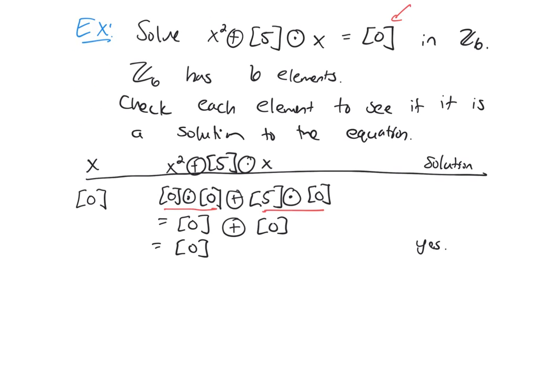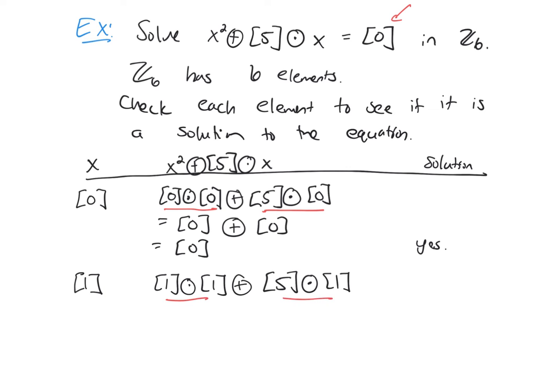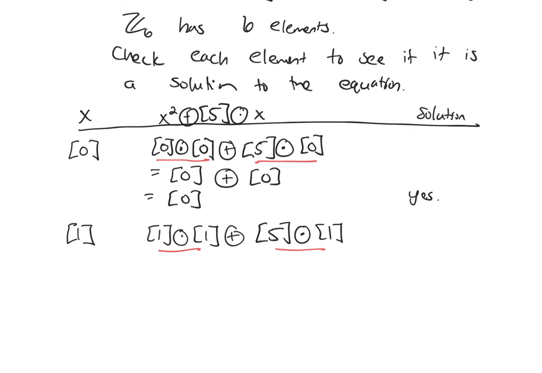Okay, so now let's check the equivalence class of 1. So you're going to plug in 1 into the left-hand side of your equation. So it'll be 1 times 1, because it's 1 squared, plus 5 times 1. And again, you're going to start by doing the multiplications. So here I get 1.